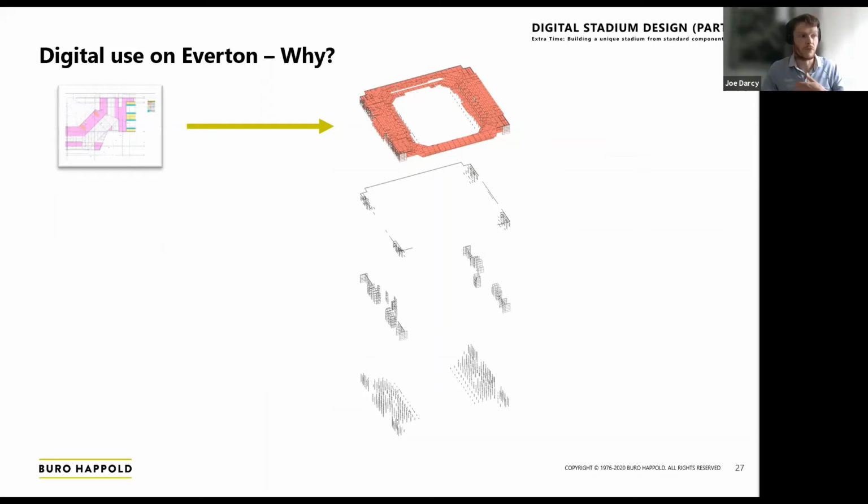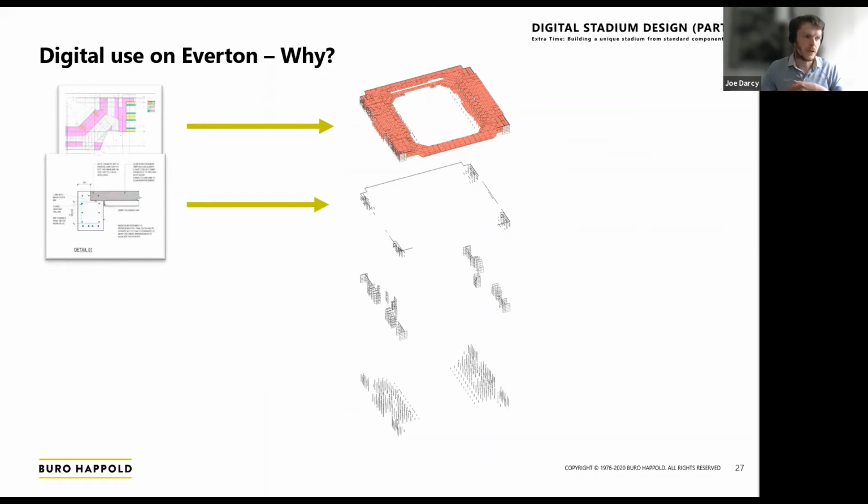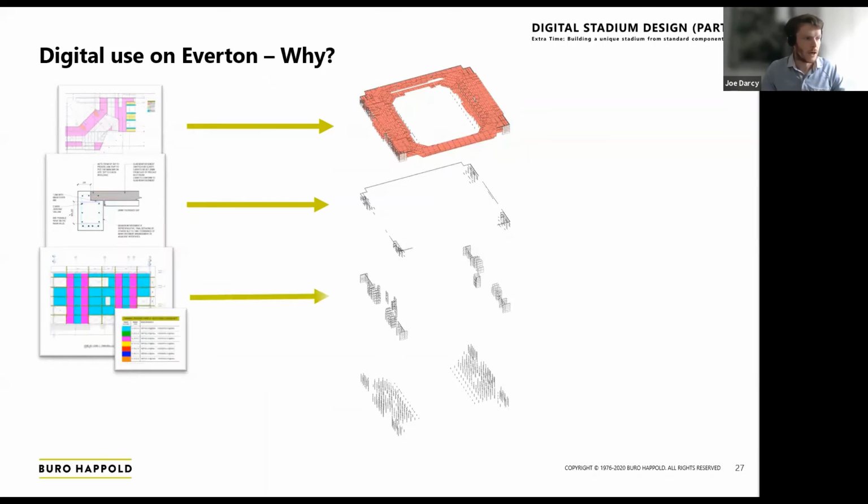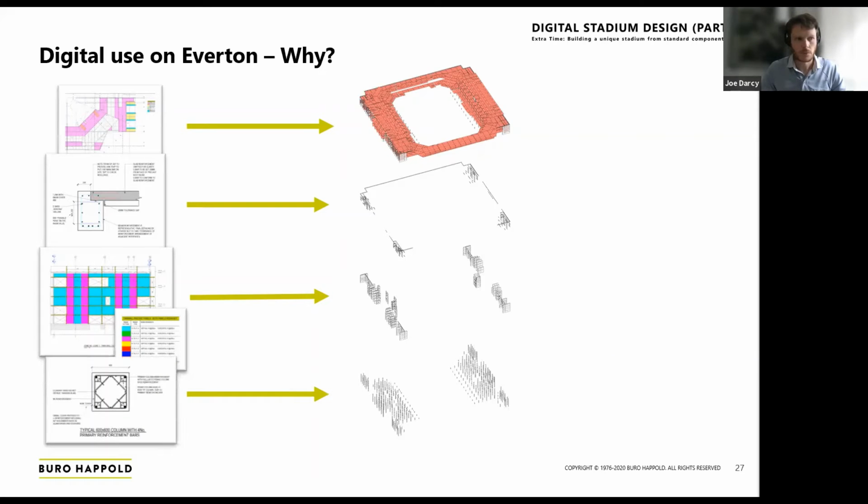So taking the reinforcement from the slabs and embedding it within the lattice planks, taking the reinforcement quantities for the beams and populating them, the walls as well, embedding their reinforcement, and likewise with the columns. As part of that process, we were seeing efficiencies there in helping us, and equally Laing O'Rourke were also wanting to maximize efficiencies on this project.